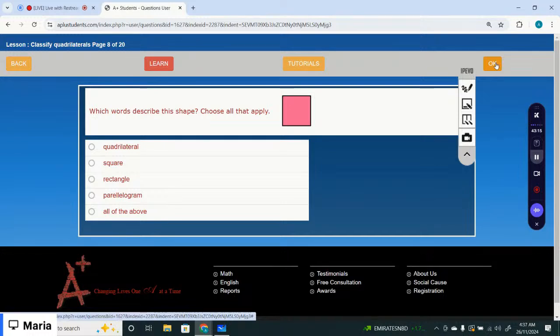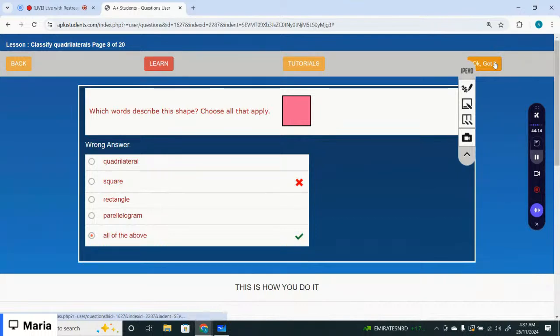Which is the correct option? Square, it is. All of the above.